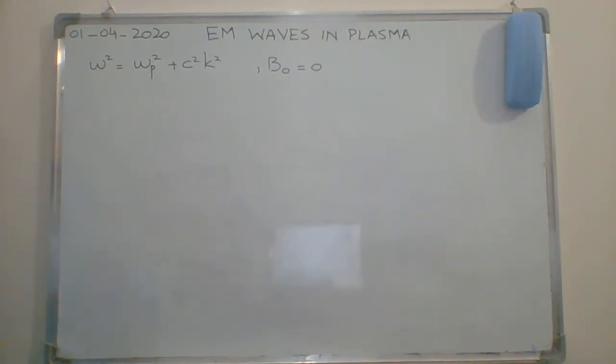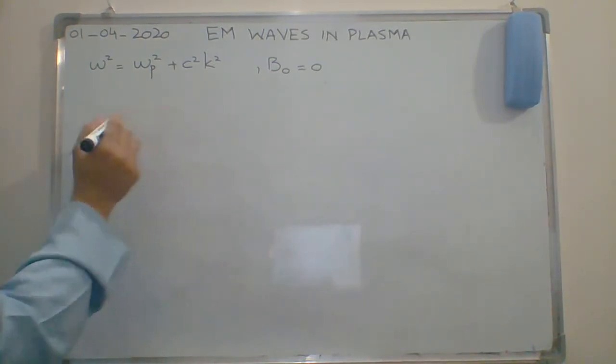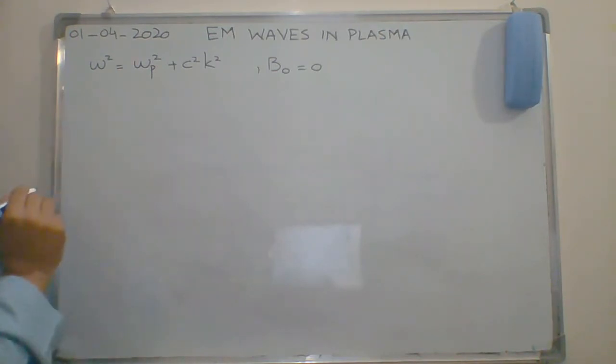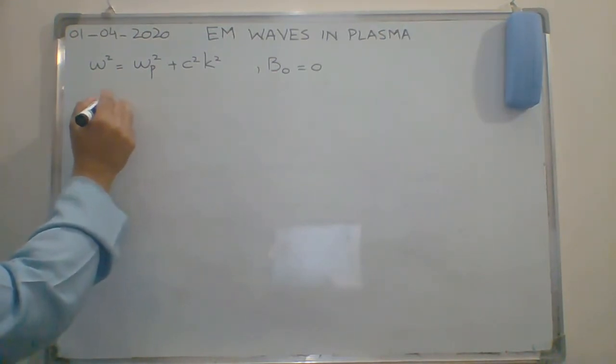Now we are going to calculate the phase velocity of the electromagnetic waves in plasma. From here you can see, we can easily write it down like that.